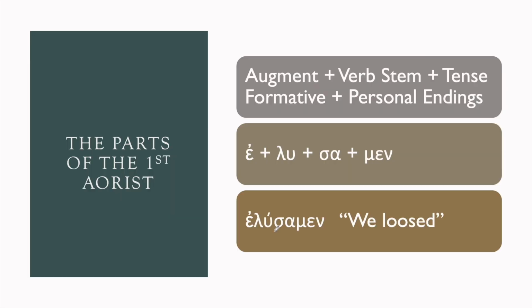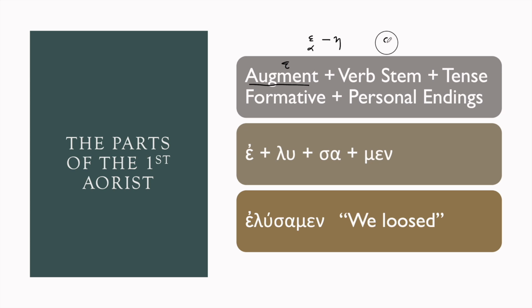So let's talk about the parts of the first aorist. The basic components of the first aorist include an augment, which is an epsilon or a lengthened vowel. So in your verbs that begin with an epsilon or an alpha, it becomes an eta.